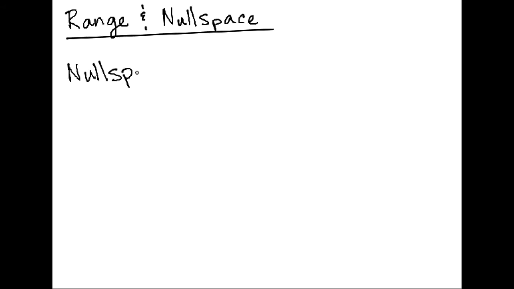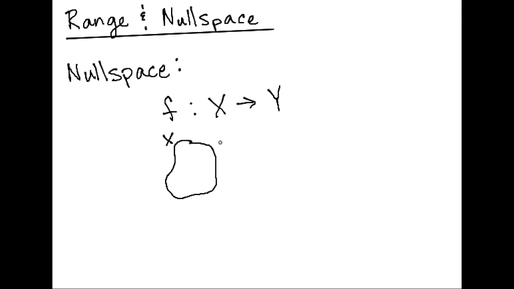Okay, now let's talk about the null space. Again, consider a linear operator f that maps elements of the vector space x to elements of the vector space y. So we have an x that looks like this, and f takes elements of x to the vector space y. Now, since y is a vector space, we know that it has a 0 element.